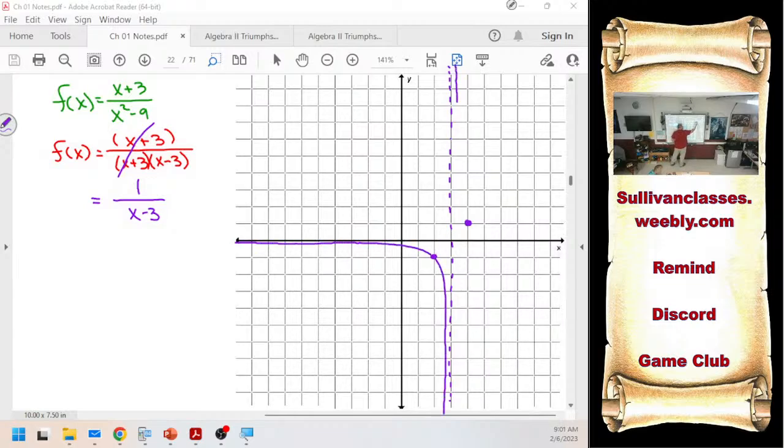Like this. It almost looks like this. Does anyone remember the hole? We said last week, your calculator will not show the hole. Y'all got it on your calculator screen. Hit trace, negative 3.